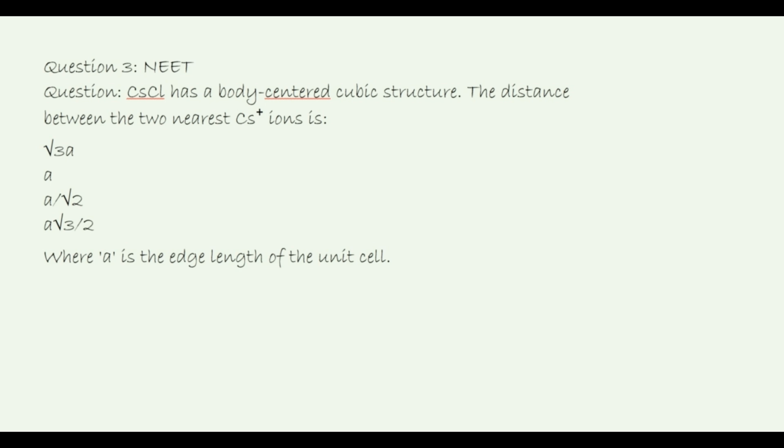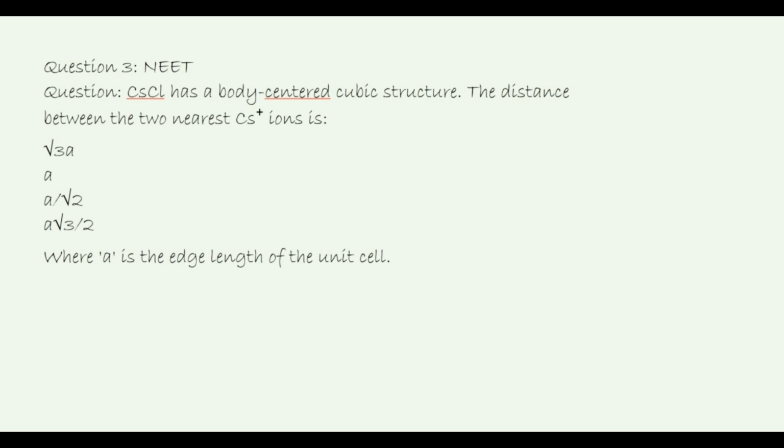CsCl has a body-centered cubic structure. The distance between the two nearest Cs plus ions. So, I have told you where the Cs plus ions are occupied. It is in the AB type, where it occupies the centers and the corners.